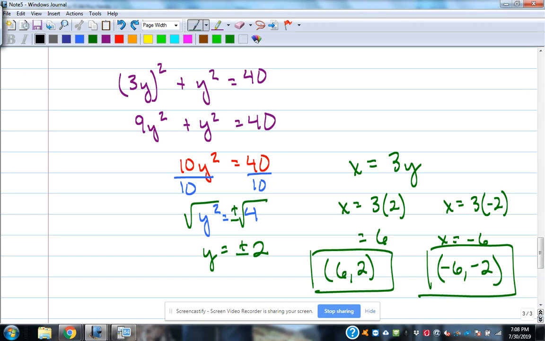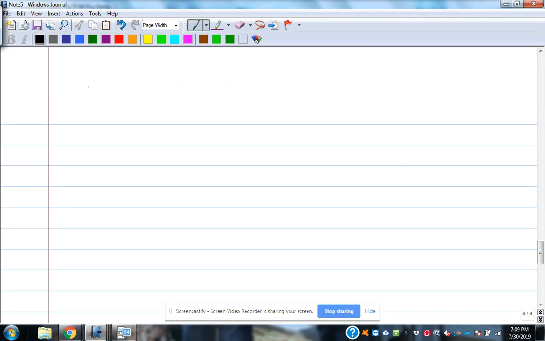All right, let's look at another one that maybe uses elimination. I like elimination a lot, and it's good to recognize it in nonlinear systems as well. So there's an equation of a circle centered at the origin with a radius of 2. Let's do this one.